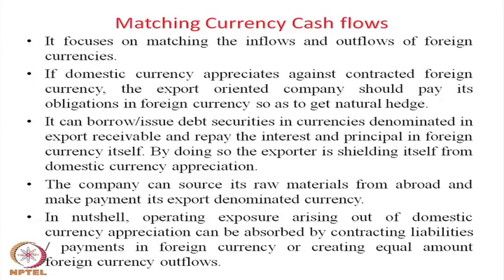Suppose the export oriented company is receiving foreign currency, and that is the operating exposure. Because of this, the export oriented company can source its raw material from abroad or pay the raw material price in foreign currency, and this may reduce the operating exposure.